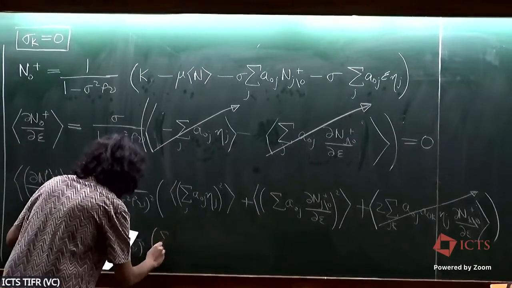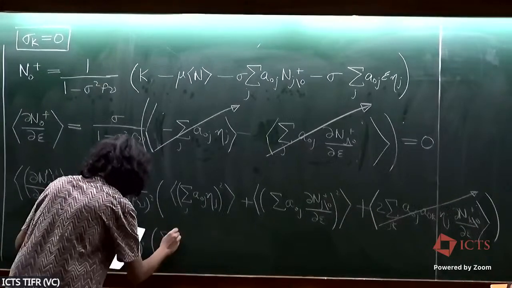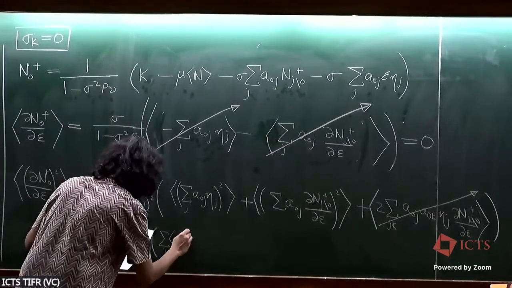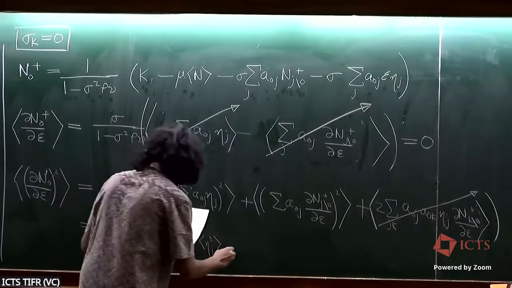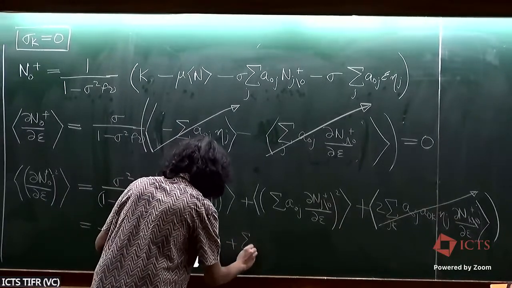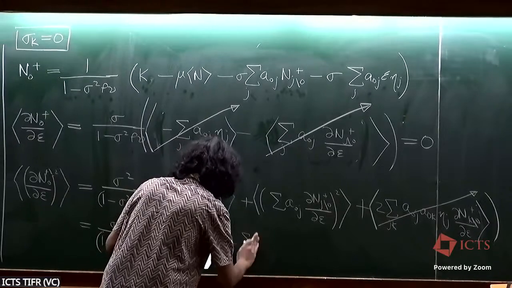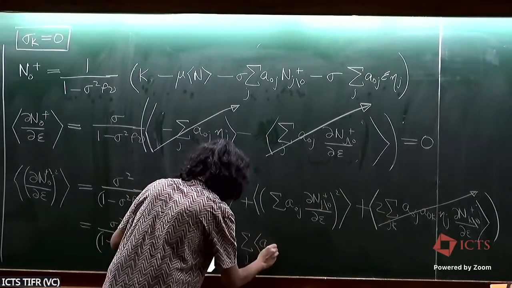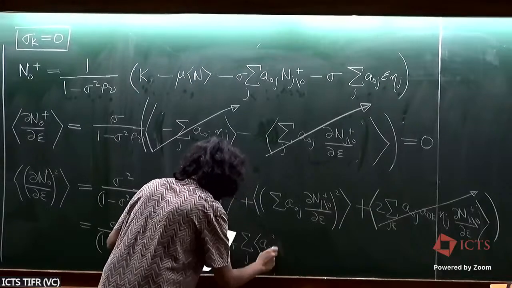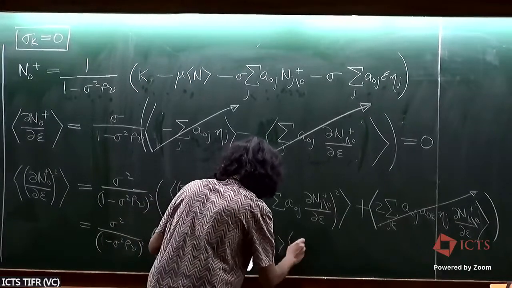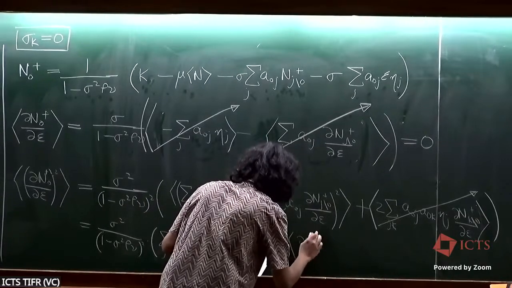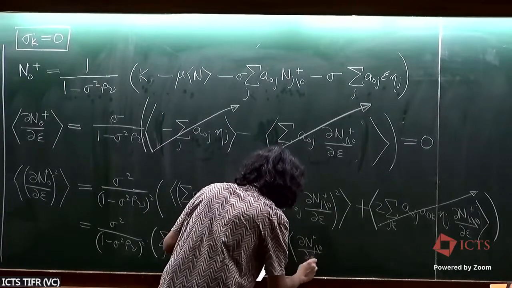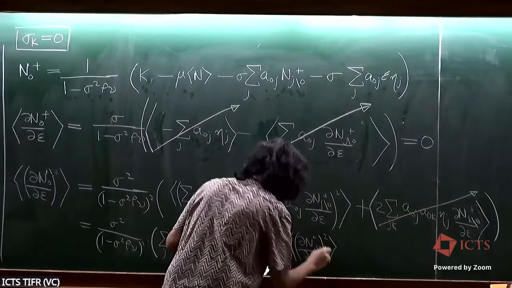This is going to be a sum over j, mean of a0j squared, mean of eta j squared, plus sum over j, mean of a0j squared, mean of d nj without 0, plus d epsilon squared.